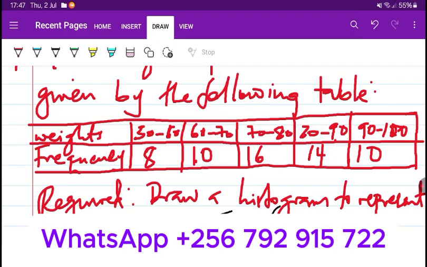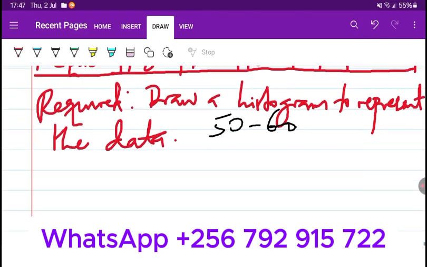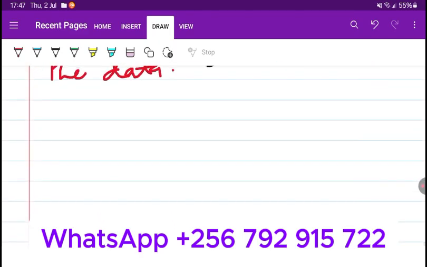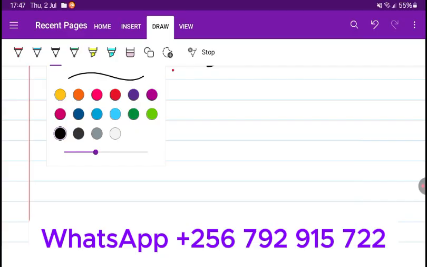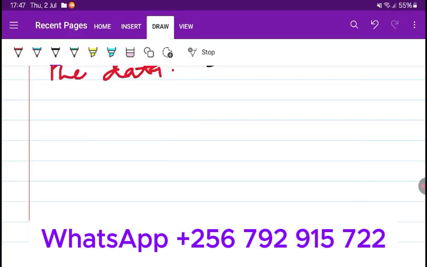So for this, you can see that the highest frequency is 16, and then the smallest is 8. So what are we going to do to our scale? We can easily get to 16. So we can maybe say 2 centimeters.